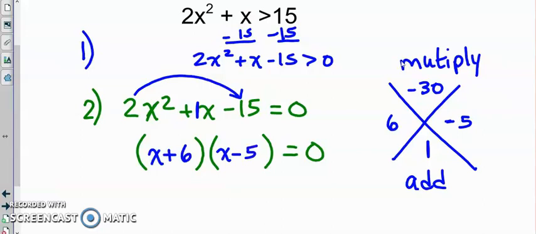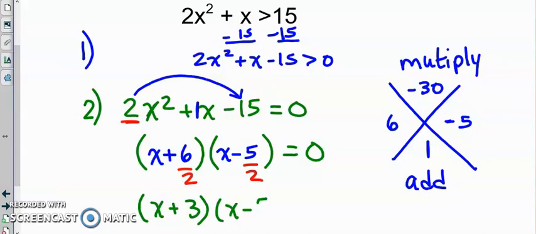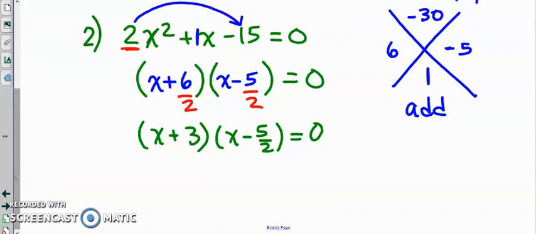But then the other thing that we must do is divide by the leading coefficient. So here, that would give us x plus 3, and x minus 5 over 2. And before we say this is our factor, we need to do the whole bottoms up thing, which is we take this denominator and move it in front so that it is the factor.